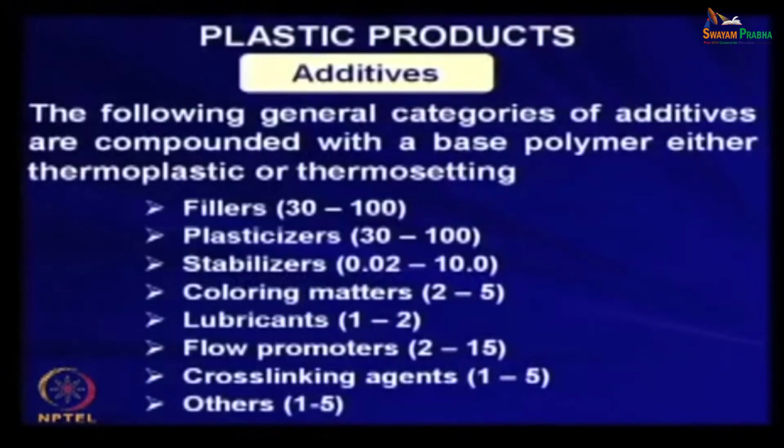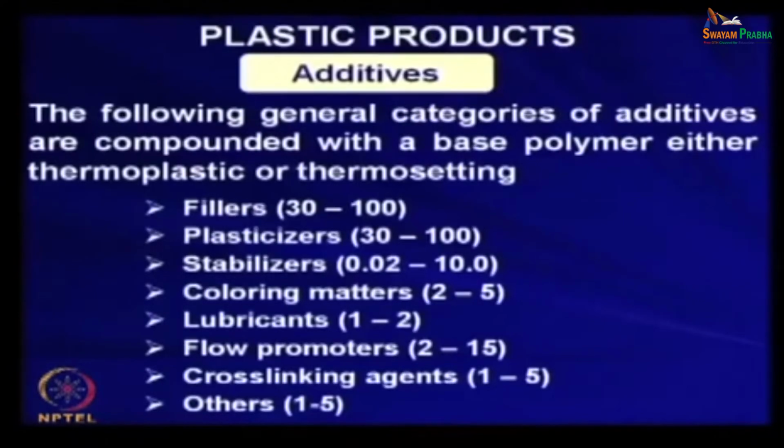Then coloring matters, in order to give a good look to the polymer product. Here you see nice looking, again this is nice looking. Now, these colors are developed in these products. So, these are coloring matters. These coloring matters may be organic, inorganic, anything. Again lubricant.